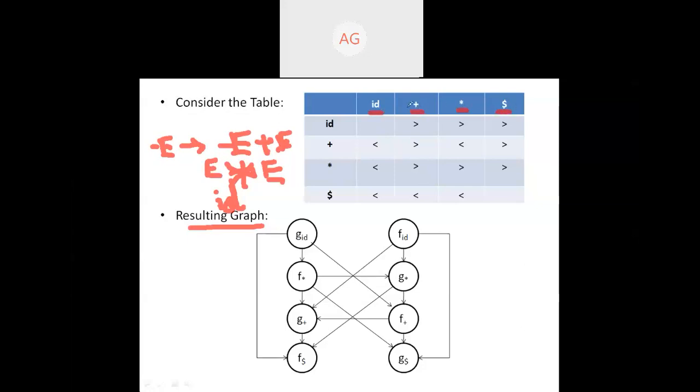For every terminal, we need two nodes, one F node and the other G node. Care should be taken that if you take the G node of a terminal, you also take the F node of that terminal at a consecutive place. Here we first take G id, so we take F id as well.